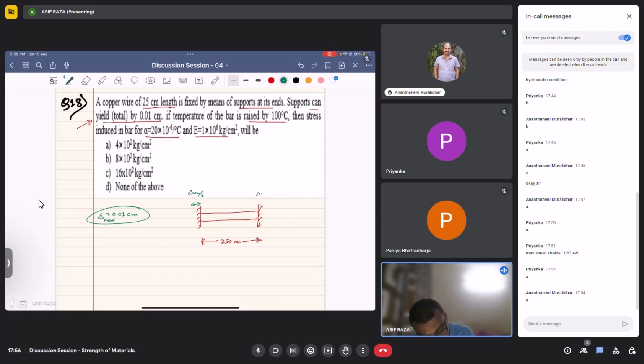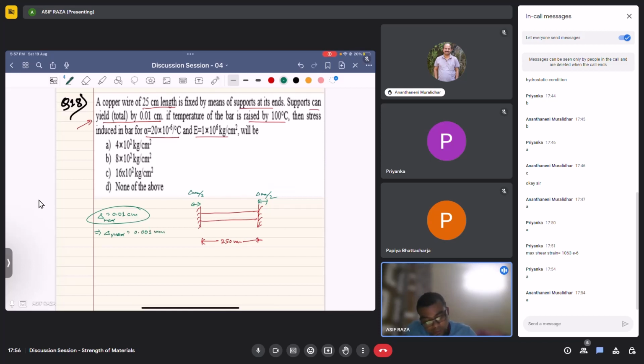They can yield maximum by this value, that is delta maximum is equal to 0.001 mm.